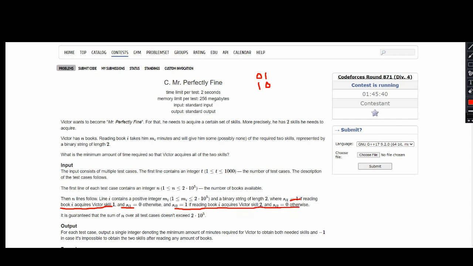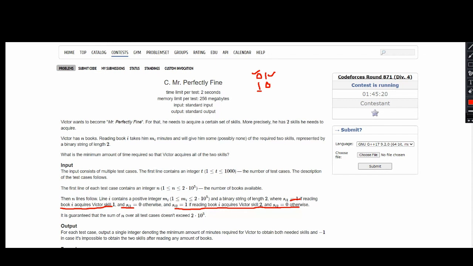So 1 means the skill is acquired and 0 means no skill is acquired. We want the least possible time in which we can get two ones.